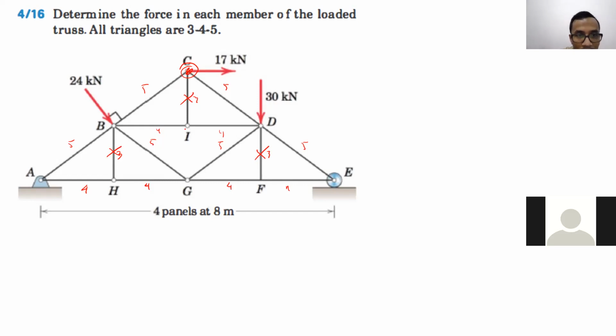So we have 3 zero force members here. In this case, we can try to simplify the problem. Now, if I want to draw the free body diagram of the problem, I can draw it like this. Just try to make it smaller.